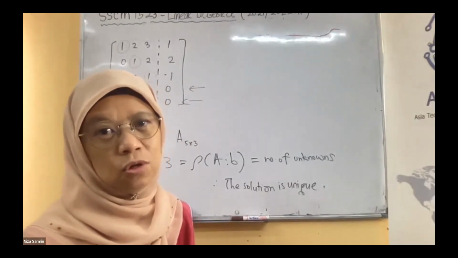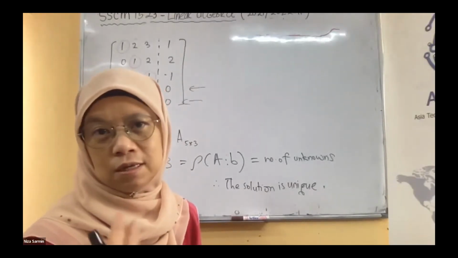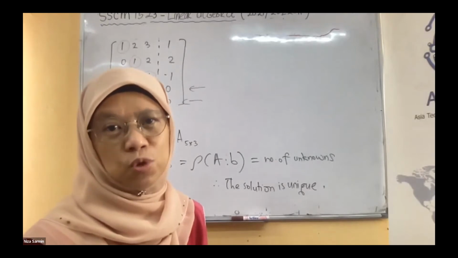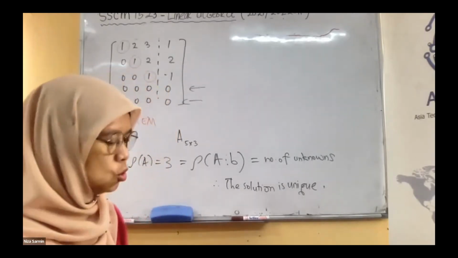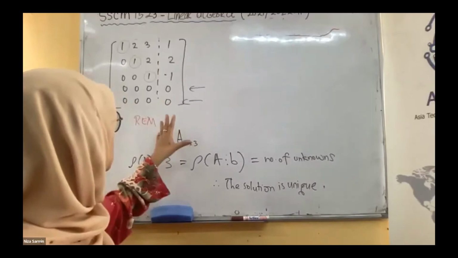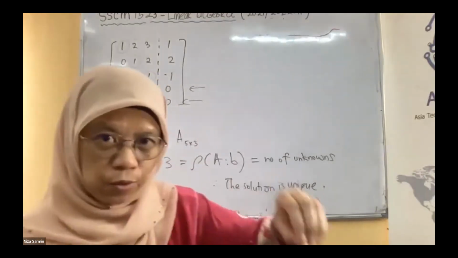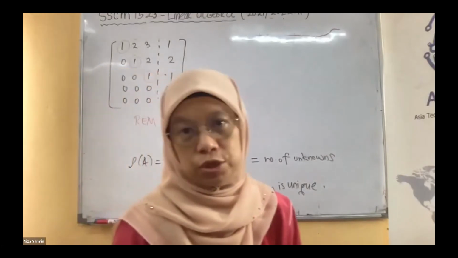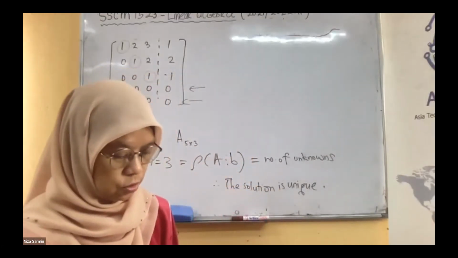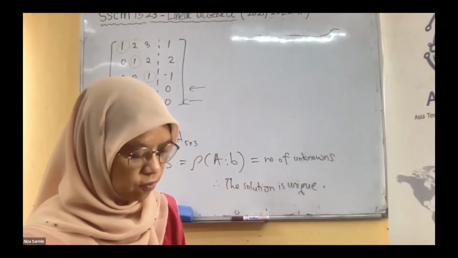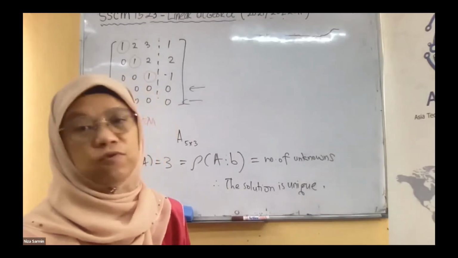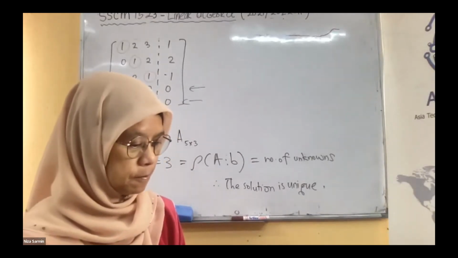Although it's there, it does not add up to anything. So the answer is still unique. From here, you cannot solve right away. You can go into row reduce and get the answer. So the answer is -4, 4, -1, it is in the notes, yeah?